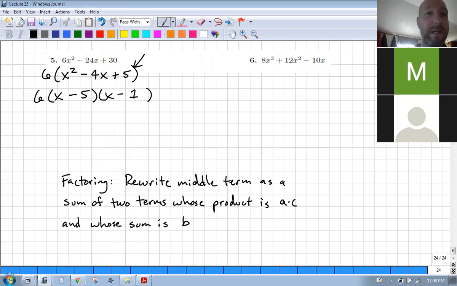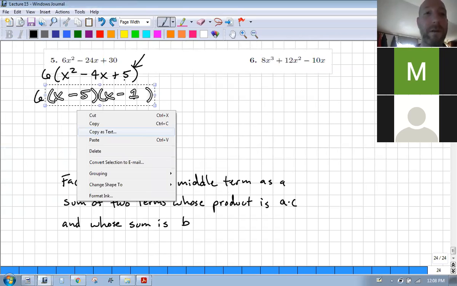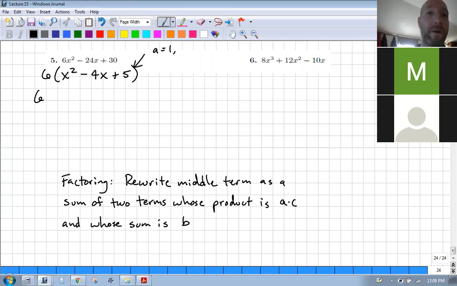If we're looking at this guy, here our A is 1, our B is -4, and our C is 5. So we need to rewrite the -4x as a sum of 2 terms whose product is A times C. A times C here, 1 times 5 is 5, but whose sum is B.